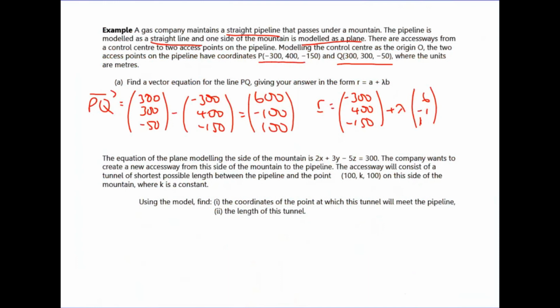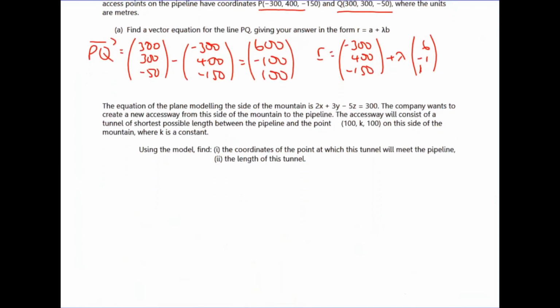And the next bit, it gives us the equation of the plane. So it gives us it in Cartesian form. And it says the company wants to create a new accessway from this side of the mountain to the pipeline. The accessway will consist of a tunnel of shortest possible length. So this is a shortest distance problem between the pipeline and the point 100, K, 100 on this side of the mountain, where K is a constant.